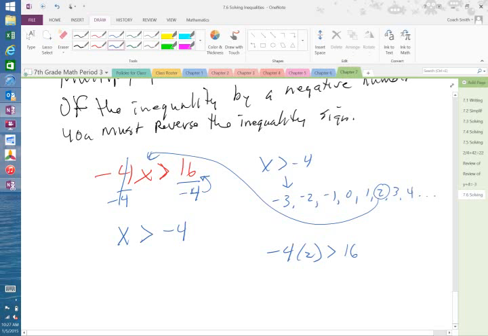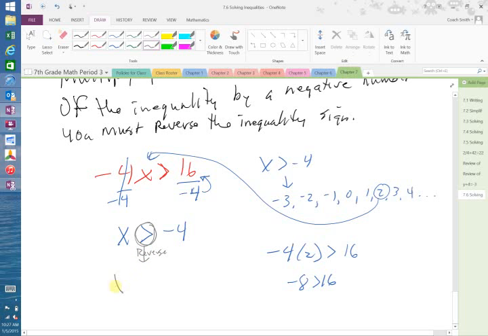Negative 4 times 2 is what? Negative 8. Is negative 8 greater than 16? No. So that's not true. So what I have to do then is this: I have to take this sign here and reverse it.